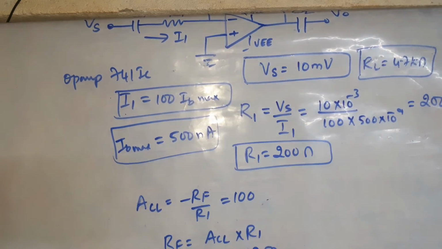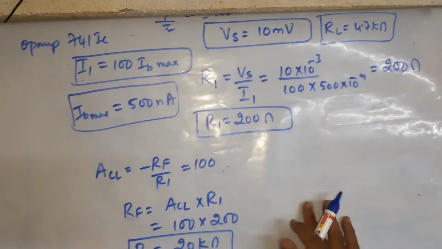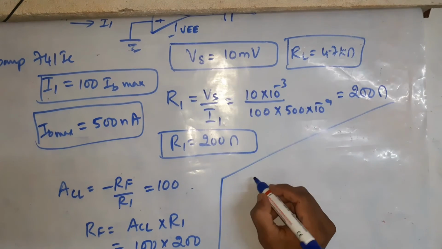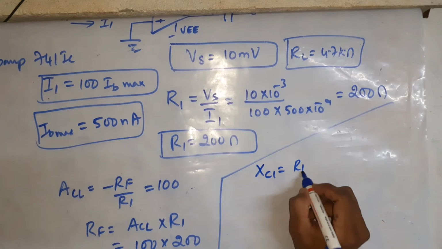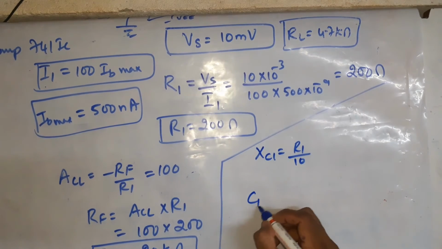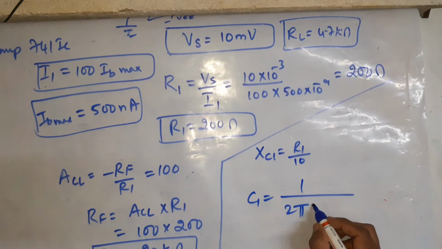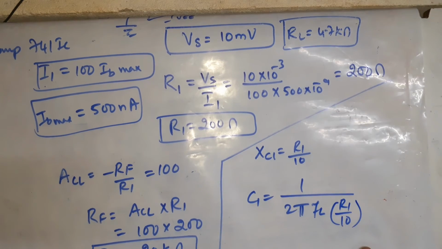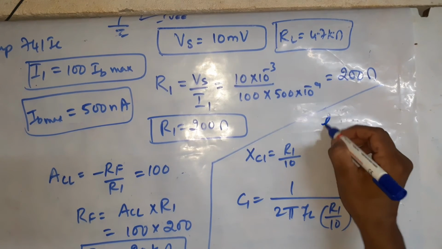Now let us find C1 and C2. We have Xc1 equal to R1 by 10, that is C1 equal to 1 over 2 pi FL into R1 by 10, right? Now you require to use this equation. For this you require to know what is FL.